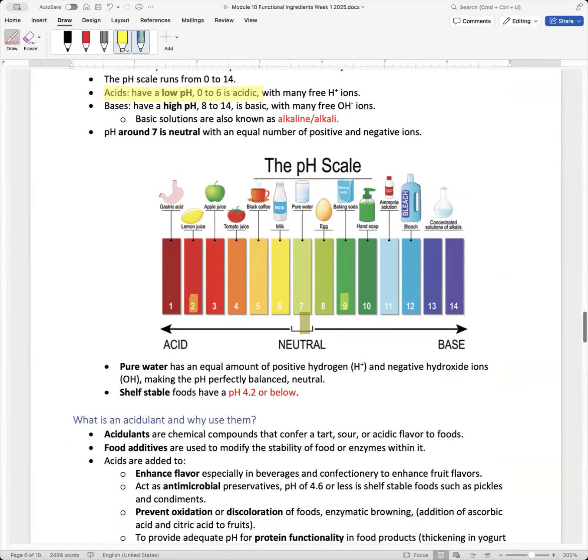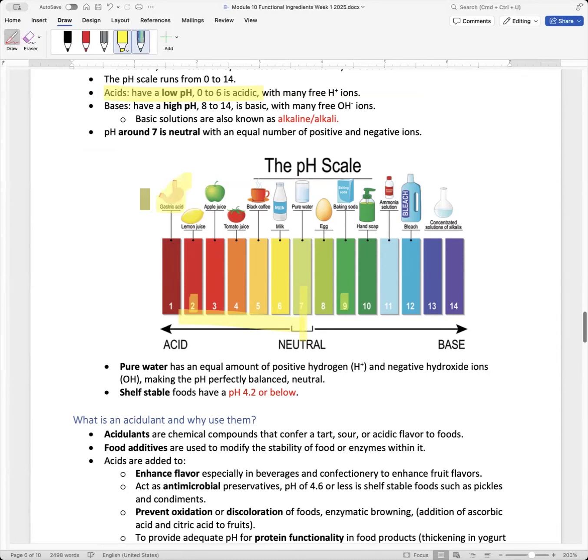Most everything that we eat is on the acid side, right? Except for maybe egg white. Egg white is just slightly basic, but all the rest of it is acid. Oh, here's gastric. Here's your stomach right here.